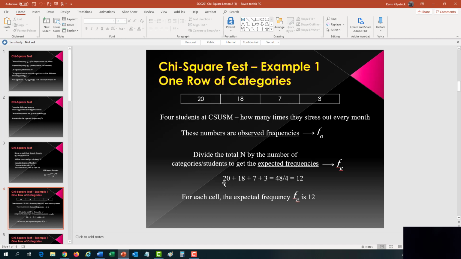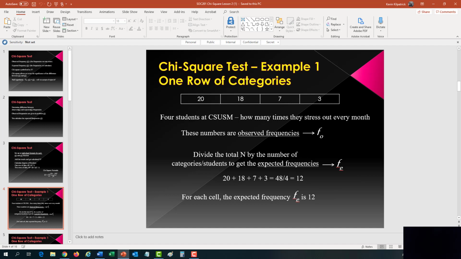We add up these four numbers. 20 plus 18 plus 7 plus 3 equals 48. And we just divide that by the number of students, which is 4. And that'll give us 12. So for each cell in this problem, when we set up the chi-square fraction, the expected frequency is 12.